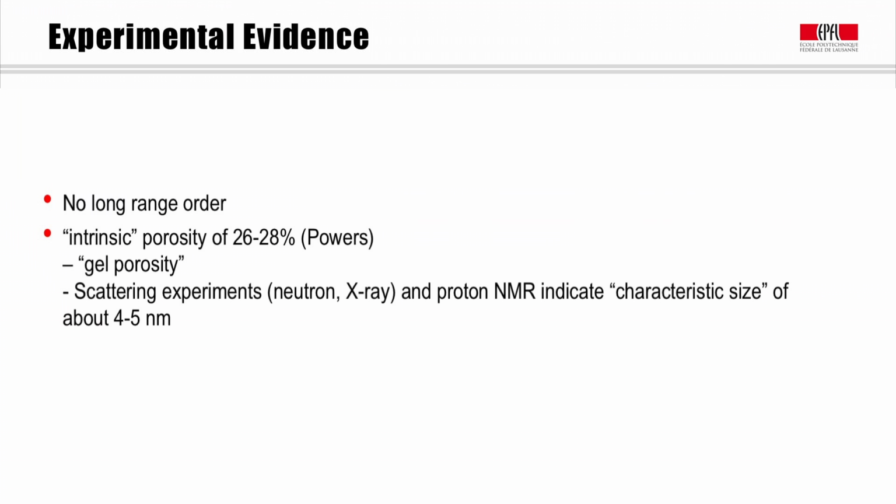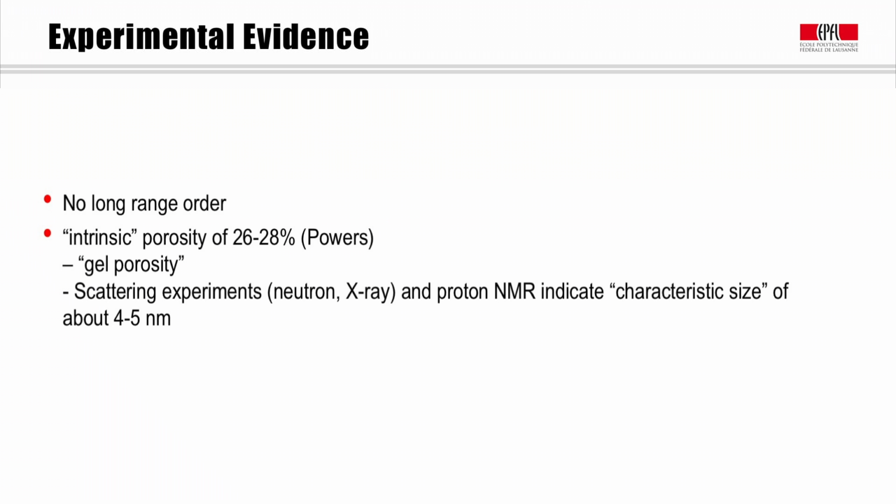What I mean is that as you increase the amount of CSH that's formed, you increase the amount of this particular type of porosity. And this type of porosity is often referred to as gel pores.